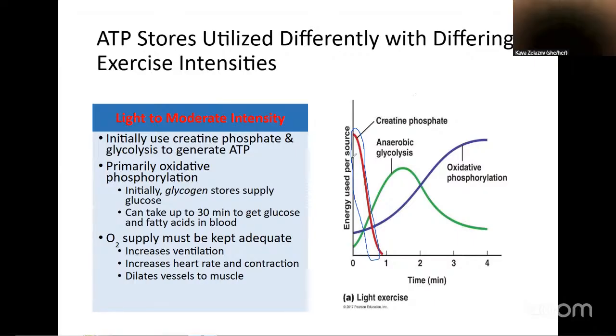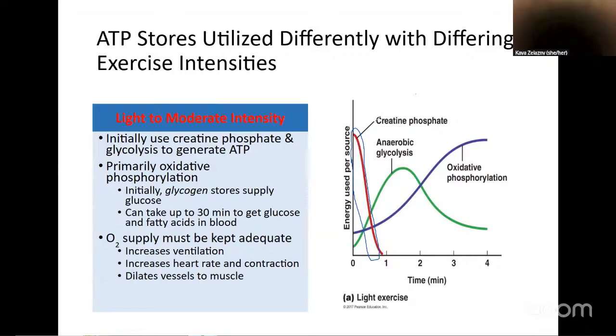Now, depending on what type of exercise you're doing, whether it's light or moderate, maybe some yoga, something slightly lower energy, we're going to have a different graph of where that ATP is coming from than if we do a really high intensity exercise.